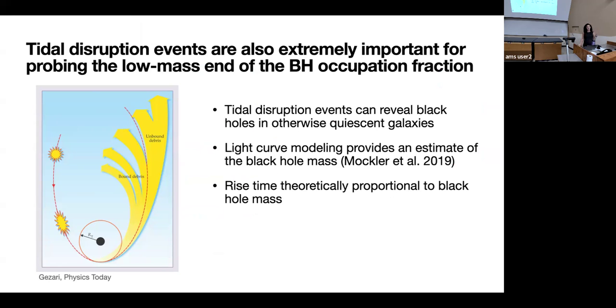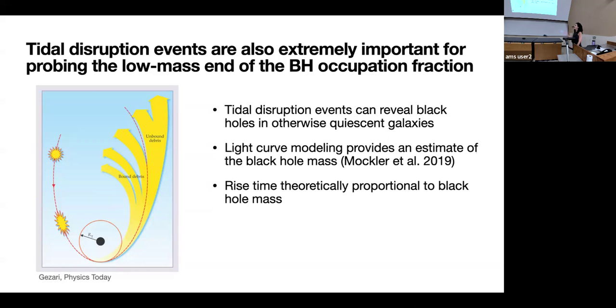So another thing that we're able to look for with these repeat imaging surveys are tidal disruption events. These are one-off flares that occur when a star wanders too close to an otherwise quiescent black hole. That's shown in the little cartoon on the left.